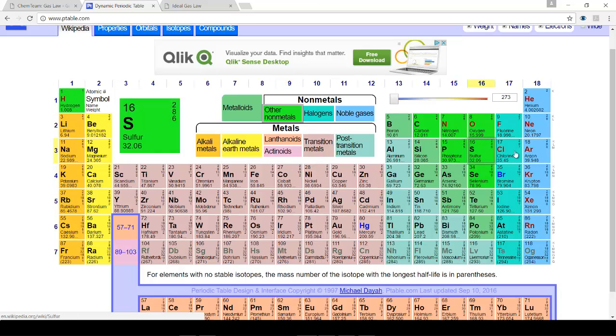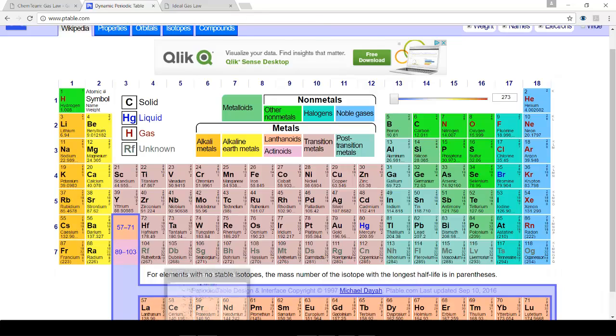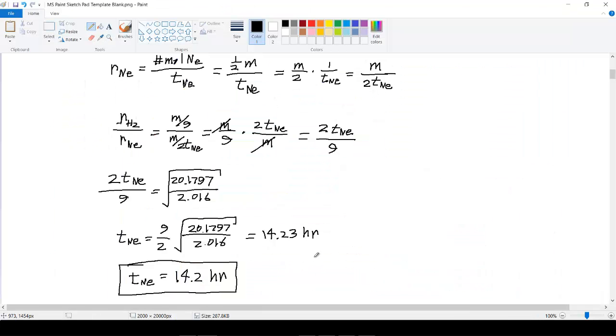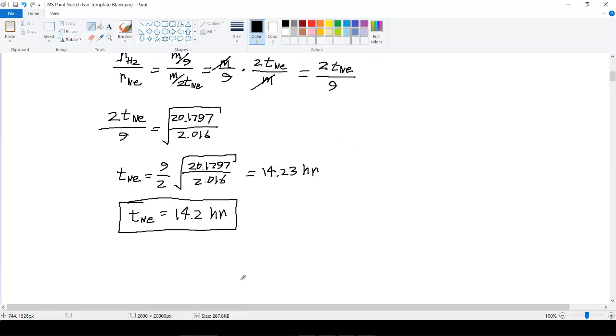So it would be harder for neon to fit through a porous material than it would be for the smaller hydrogen. So it makes sense that it would actually take longer.